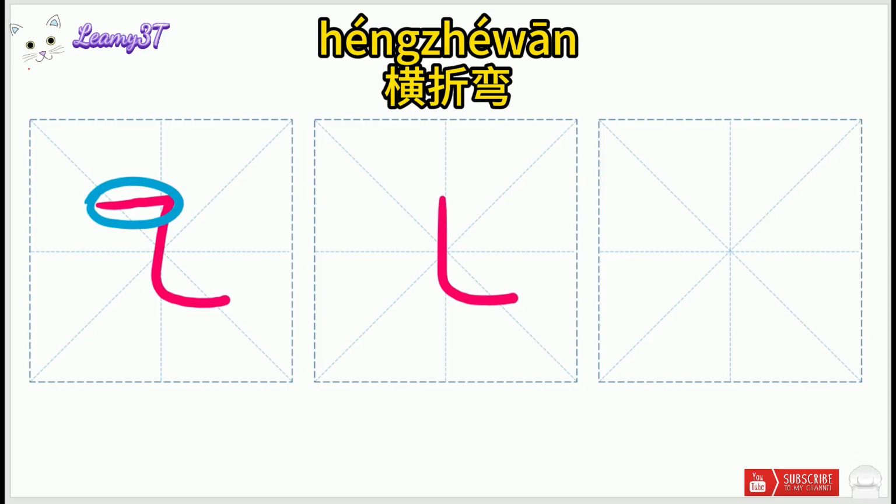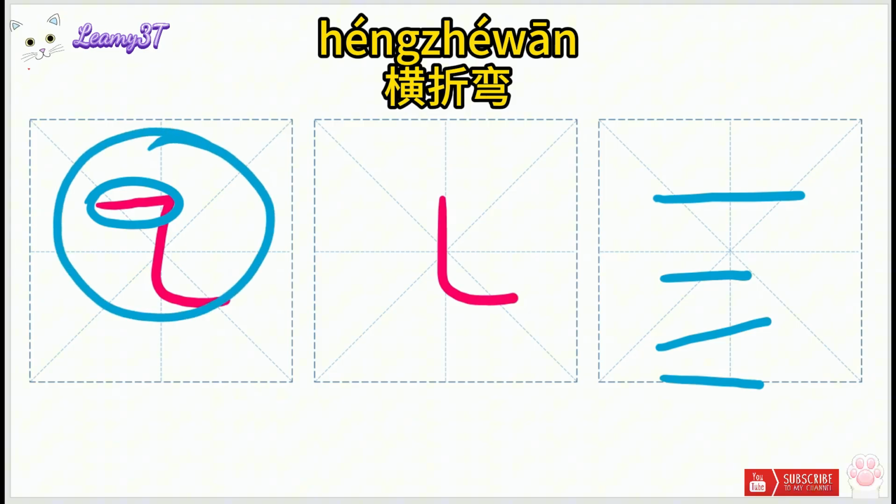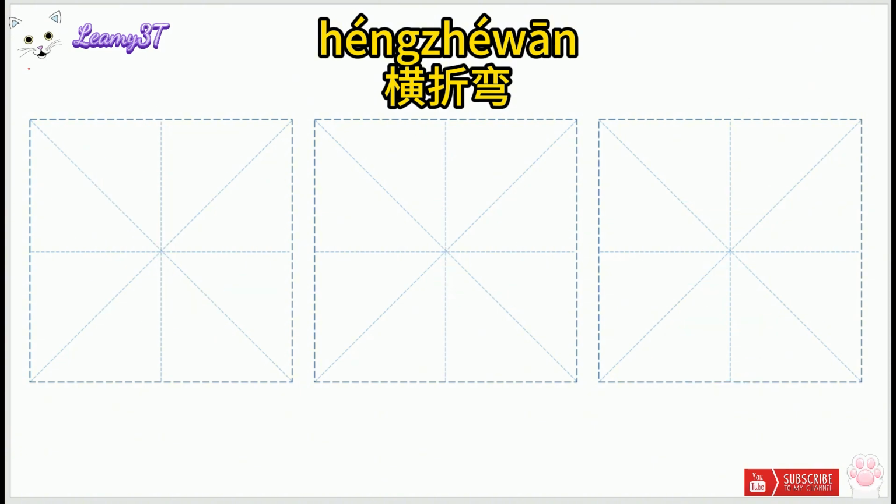The stroke includes a heng. Although heng can vary, it can be long or short, and the angle can also rise or stay flat. héngzhéwān is a small stroke, so no matter which character it's in, the variation isn't very big. 折 represents a sharp turn.